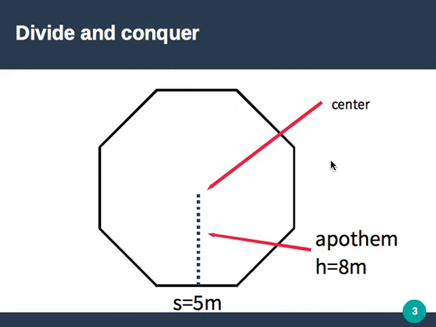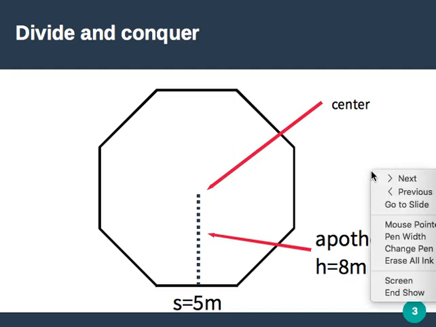Well, we're going to notice here that we have another line coming from the center to the middle of one of the sides. That line is going to be called the apothem.